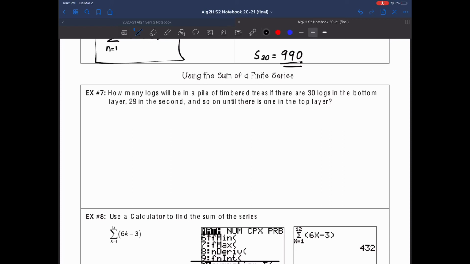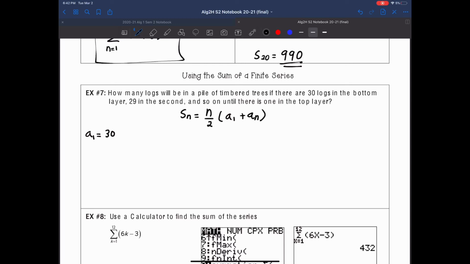So I'm going to have to use the formula S sub n is equal to n over 2 times a sub 1 plus a sub n. But in order to do so, I need to figure out what each of these things is equal to. Okay, well, first of all, if I am starting with 30 logs, that tells me that a sub 1, the first term of the series, is 30. All right?